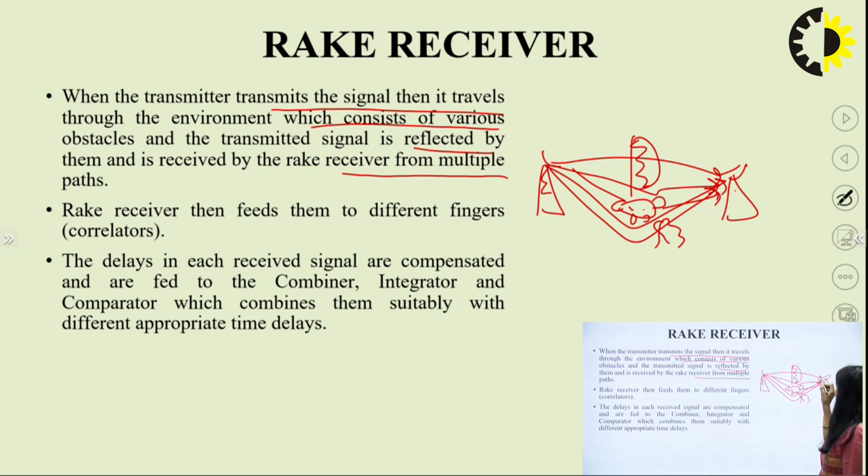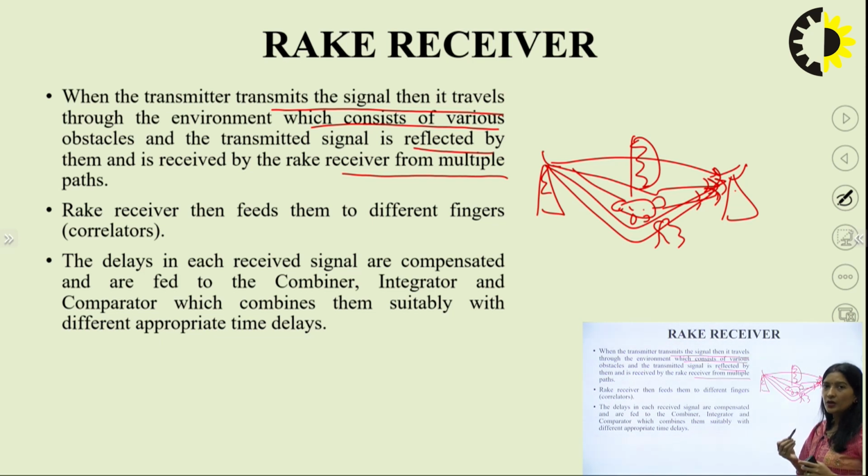So for each multipath component, we have one correlator or one receiver. We will not spare any signal if it is detectable, so all the detectable signals are received by the correlators. We have M correlators, depending upon the type of fading and the amount of fading.